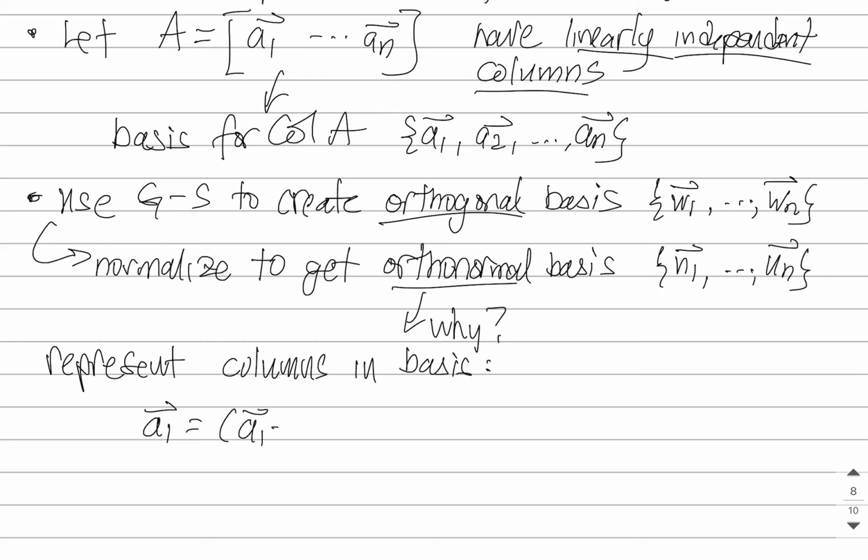It'll be A1 dotted with U1. Because each of these basis vectors has a length of 1, the Ui dotted with Ui in the denominator here will always be 1. So this formula becomes very simple, very nice and easy to work with. And the advantage goes beyond that.